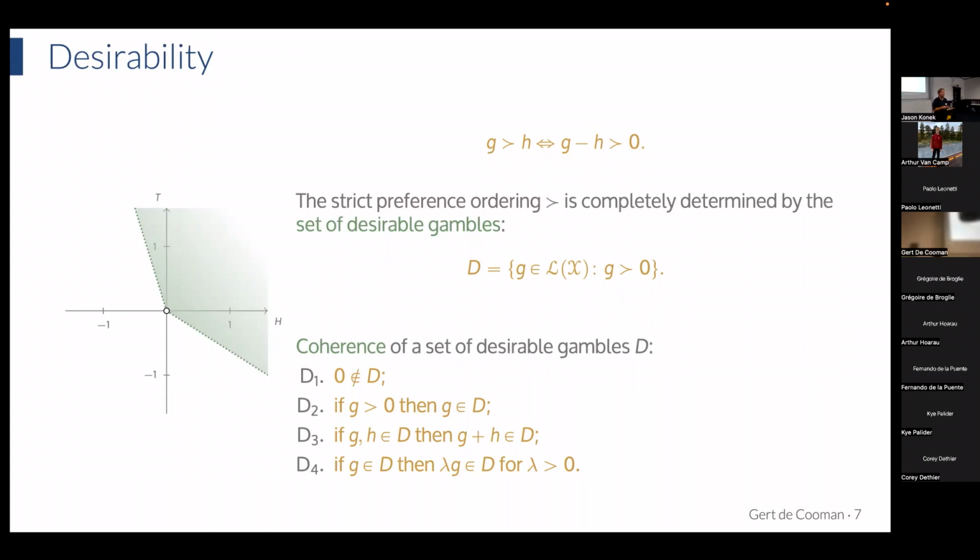Can you explain how that set of gambles can be identified with a precise probability? Yeah, I can explain. I'm going to explain later in detail. I'm coming back to your question. And how does it go in even higher dimensions? Doesn't it become intractable? What do you mean by intractable?